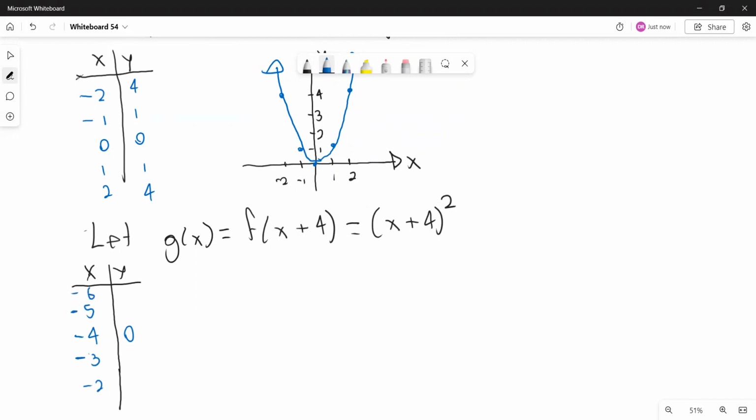If x is -3, -3 plus 4 is 1, and 1 squared is 1. If x is -2, -2 plus 4 is 2, and 2 squared is 4. If x is -5, -5 plus 4 is -1, -1 squared is 1, and -6 plus 4 is -2, -2 squared is 4. So let's plot the points.